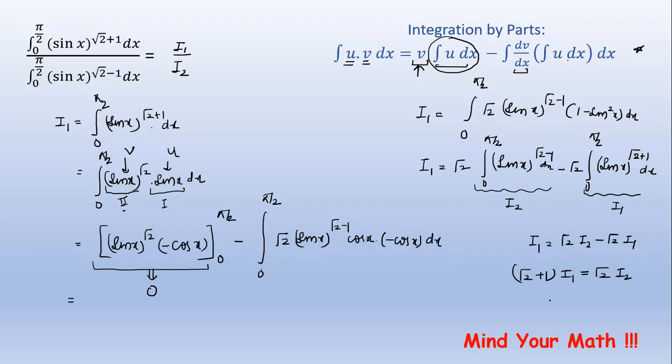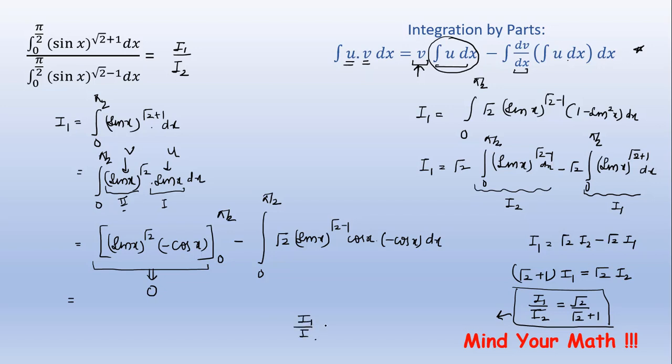So what is the final answer? We have to write I1 by I2, which is equal to root 2 by root 2 plus 1. So this is the final answer which is required for us. You can further simplify this if you want to, by rationalizing.